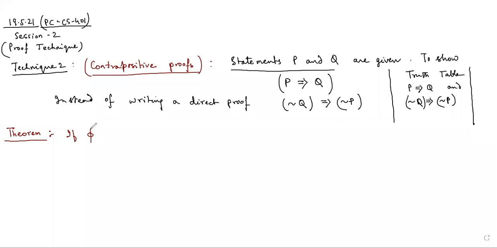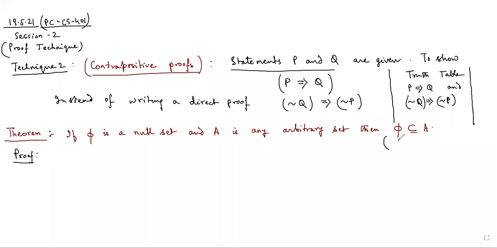If phi is a null set and capital A is any arbitrary set, then phi is a subset of capital A. It is also written in short as: the null set is a subset of every set.